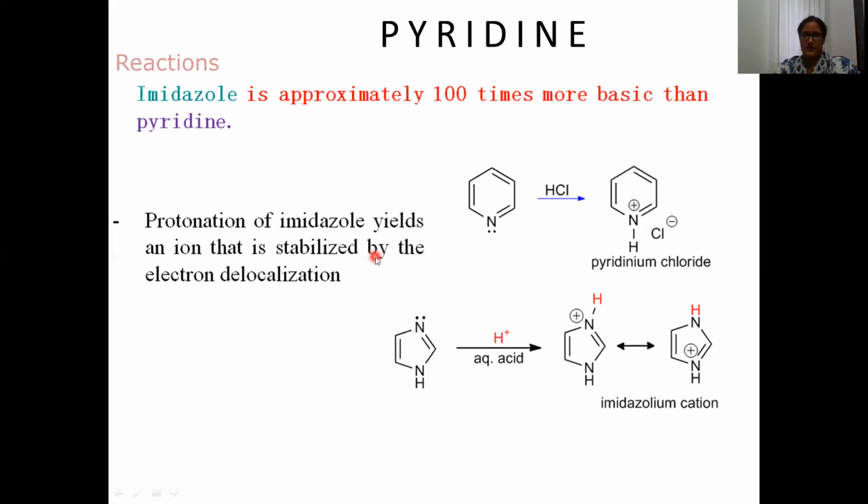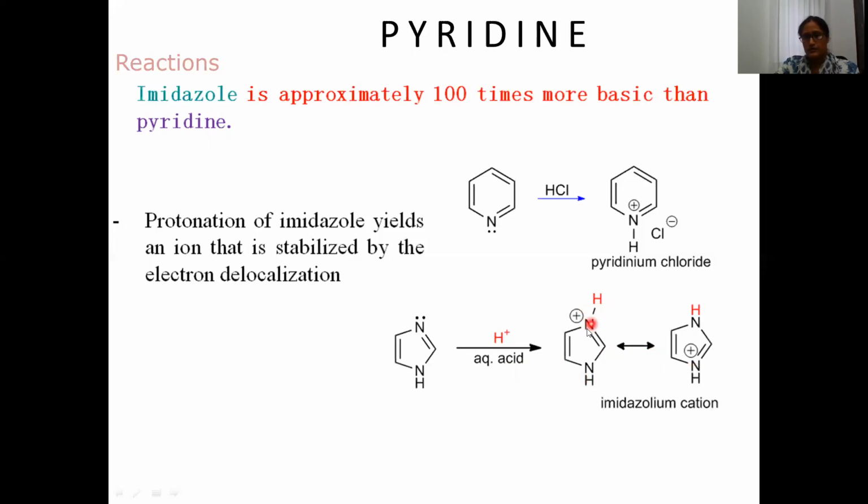The reason behind this is that protonation of imidazole yields an ion that is stabilized by electron delocalization. If we protonate the pyridine, we get only one structure, pyridinium chloride. But in the case of imidazole, whenever it gets protonated, there are two resonance electron-delocalized cations available.